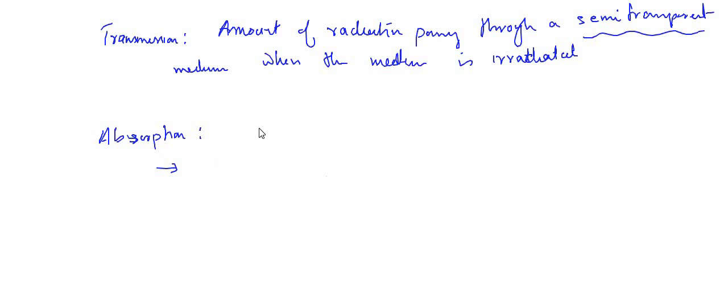Okay, we shall continue. That was some error that happened. Anyway, absorption is when a part of the radiation falls on the object.